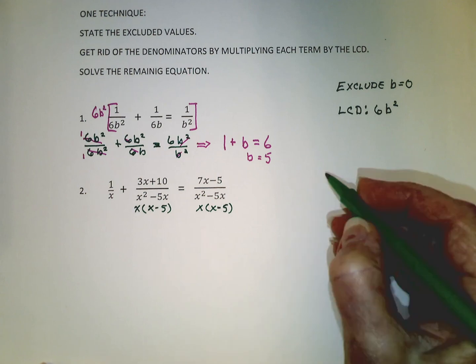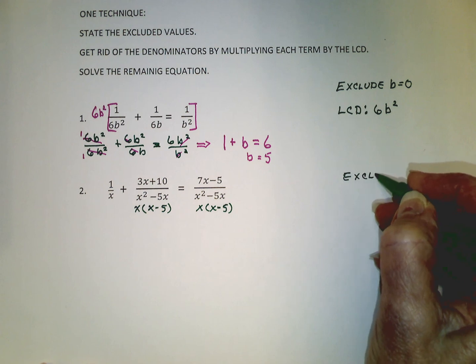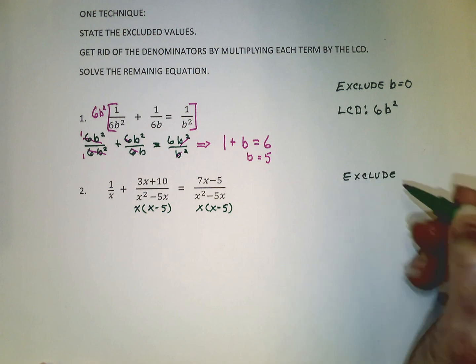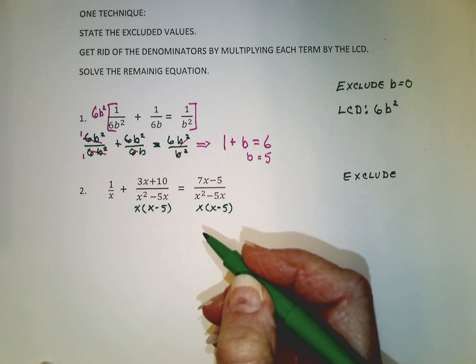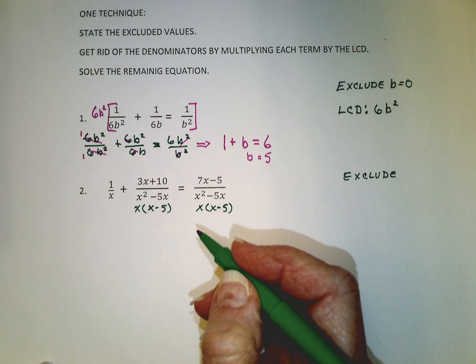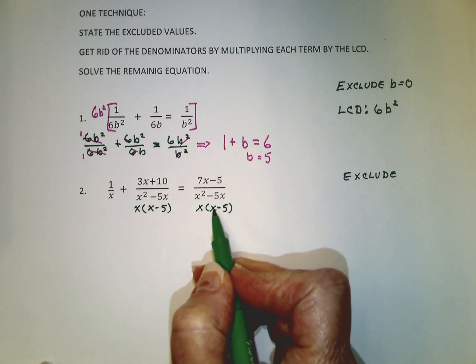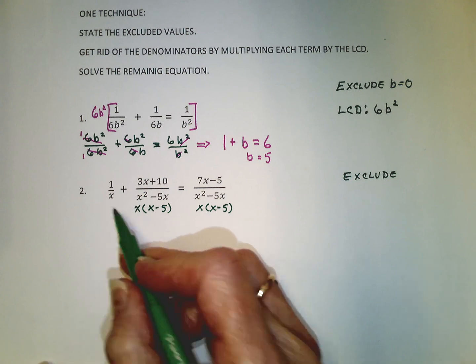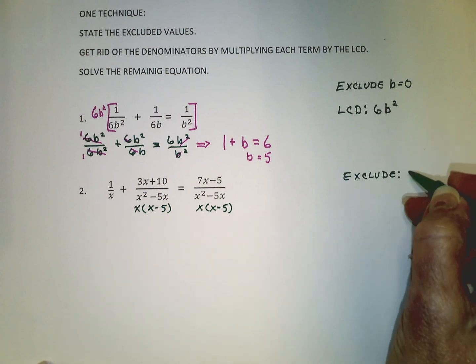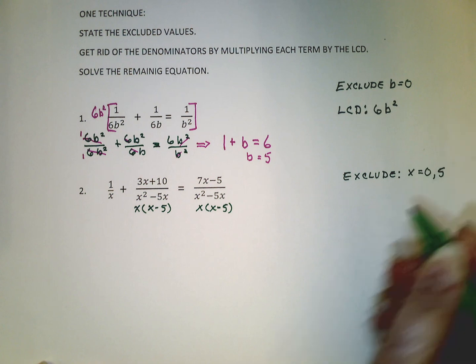Now that we've factored, are there any values we need to exclude? Any numbers that if we put them in for x, we will have a whole denominator turned into 0? Well, definitely if x equals 5, but also if x equals 0 in any one of these three fractions. So we'll have to exclude x equals 0, x equals 5.